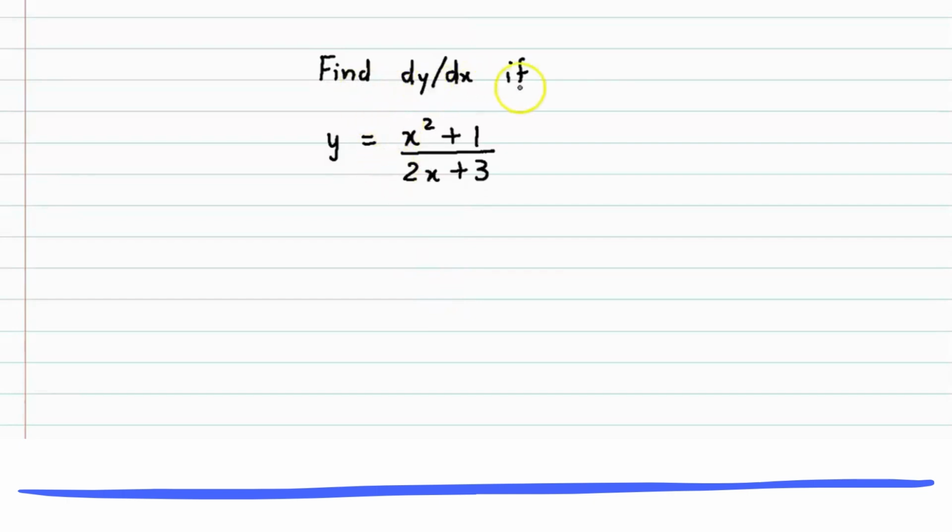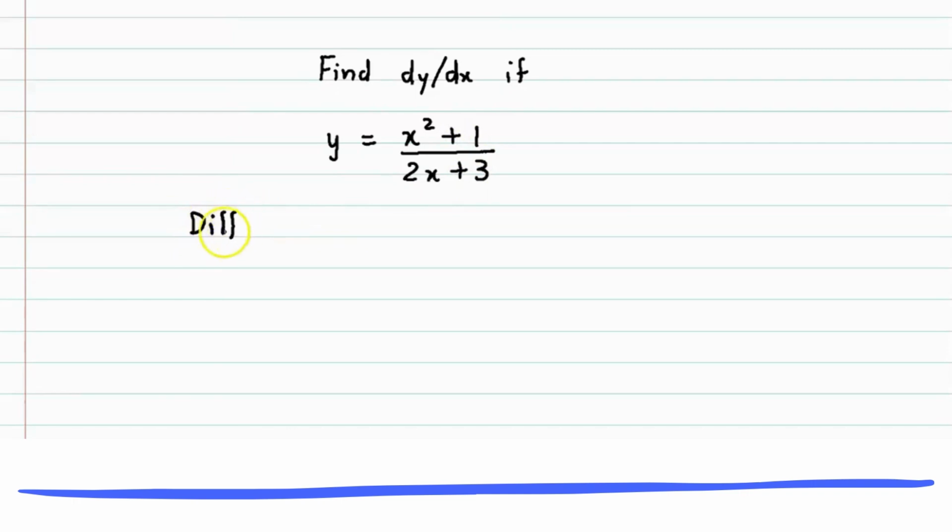Find dy by dx if y is equal to (x square plus 1) upon (2x plus 3). Now here we apply the quotient rule of differentiation and obtain dy by dx.